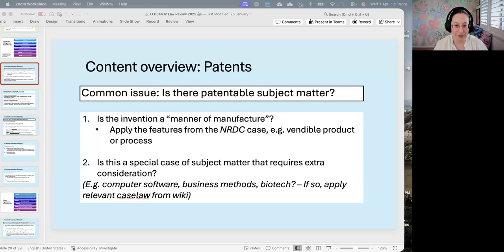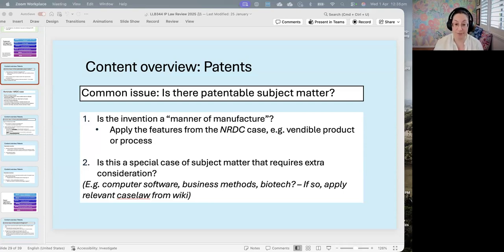Okay, let's do a super quick overview of patent law. Reminder that patent law is the law that applies to inventions. This is generally anything sort of scientific or pharmaceutical or in manufacturing. It requires registration to get protection.